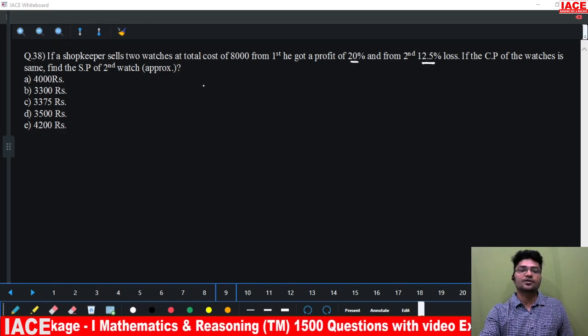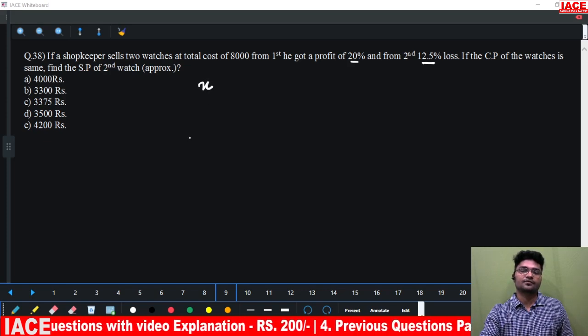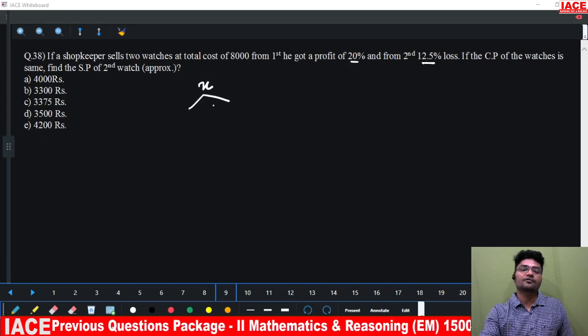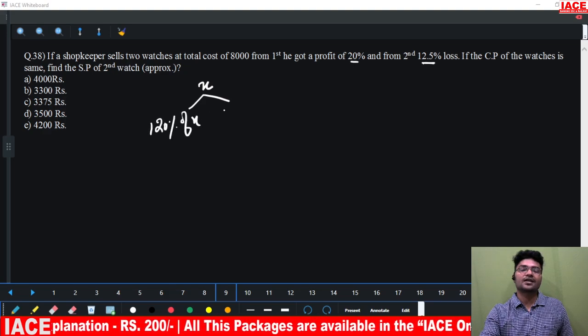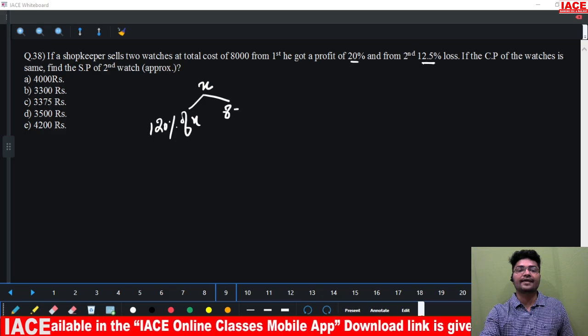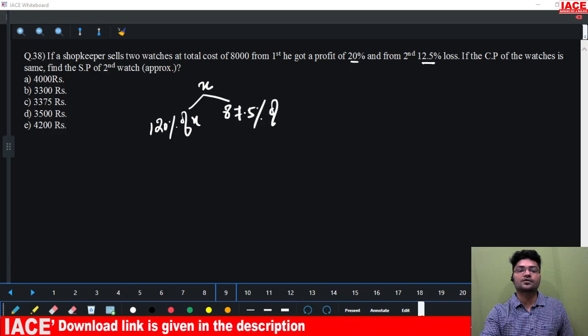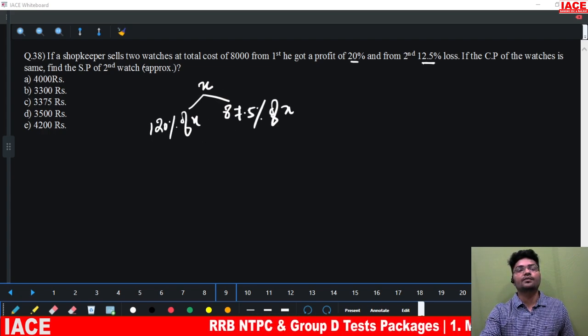That means if the cost price of both watches are X, then the selling price of the first watch will be how much? 120 percentage of X, and the selling price of second watch will be how much? 87.5 percentage of X. Now total selling price is 8,000. What we want is selling price of second watch.